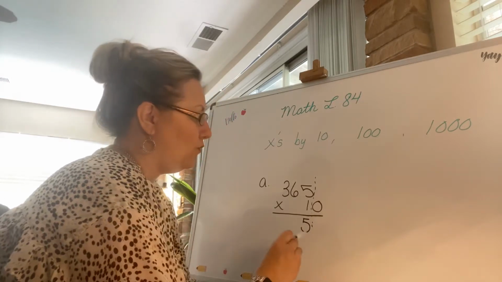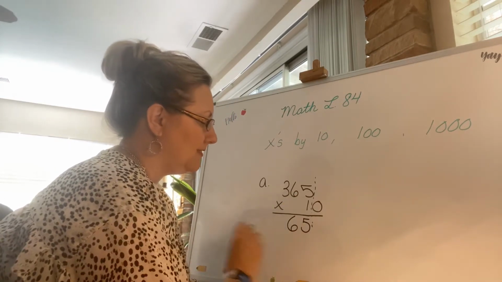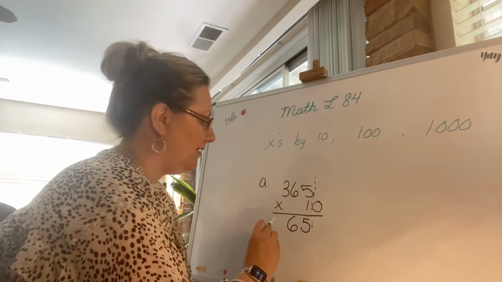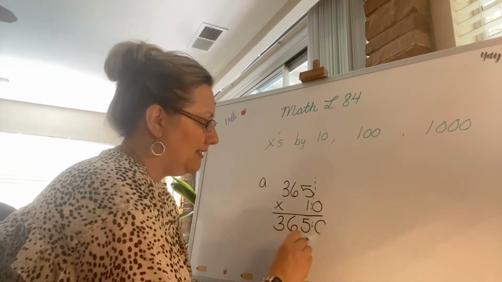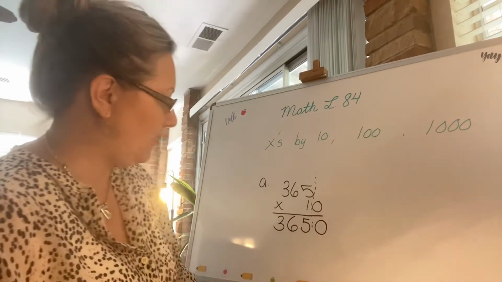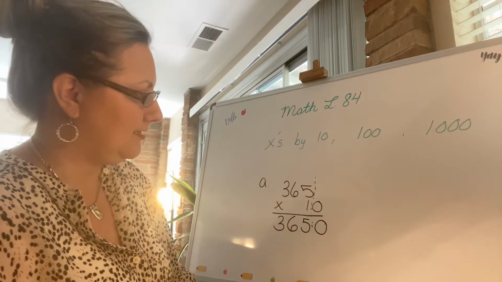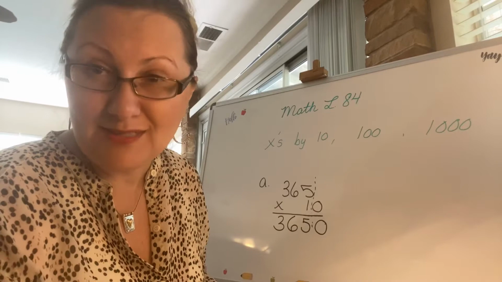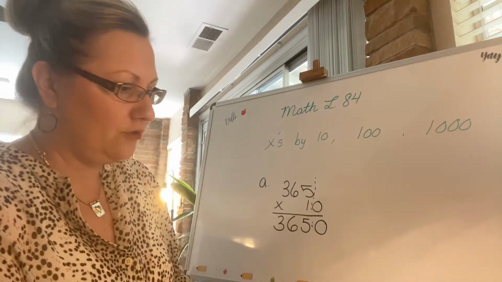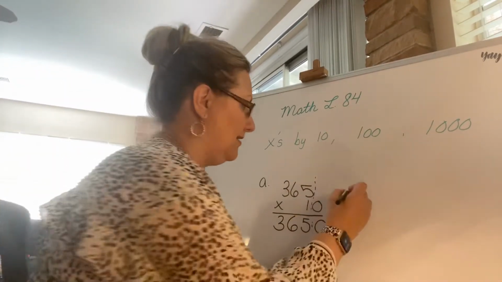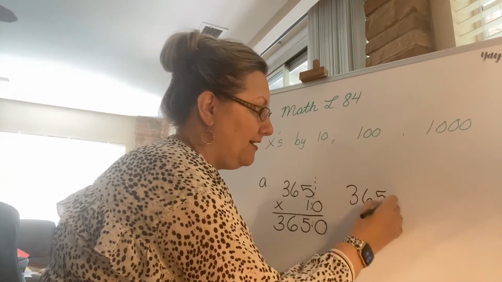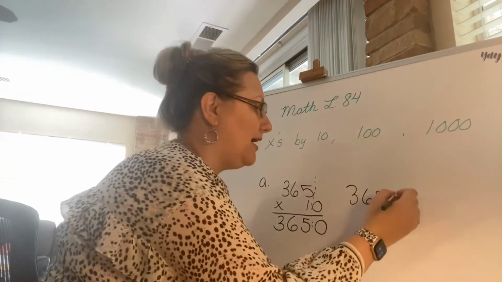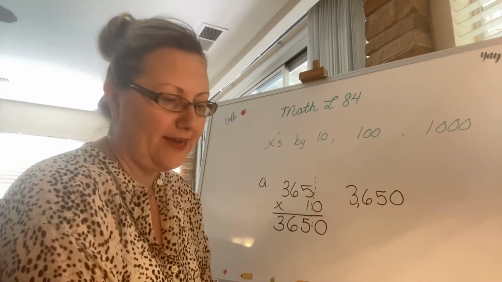And we get started. 1 times 5 is 5. 1 times 6 is 6. 1 times 3, of course, is 3. Bring down the 0. And our answer is 3,650. Now, if you did it exactly as the book asked, which was mentally, then you should have just taken 365. It's times 10, so we add 1 0, and there's our answer.